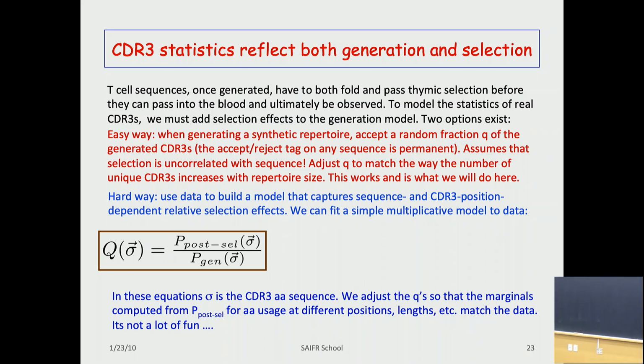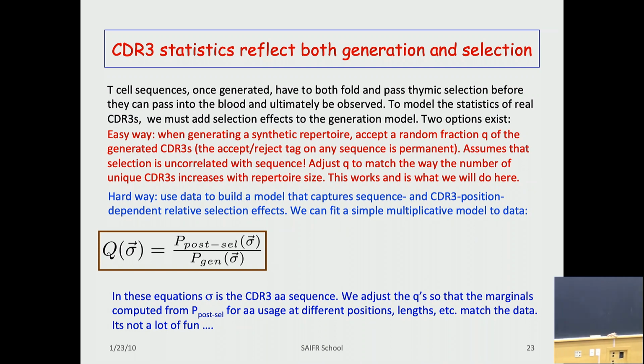So our goal is to generate a null model for a working human immune system. So our easy way for dealing with selection is what I will now describe, and then I'll show you a consequence of accepting the easy way and argue that, well, maybe not a bad idea.